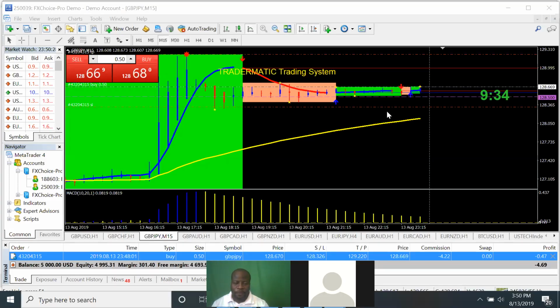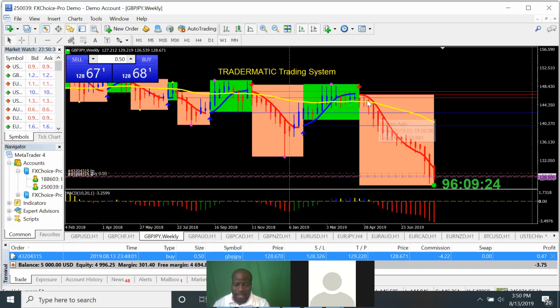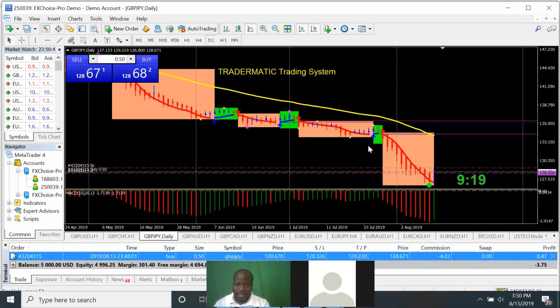Well, you need to understand that one of the things that controls the market, Solomon, is the sentiment. For example, now we just bought. But do you know that somebody trading on the weekly chart will not buy? Because on weekly, it shows down. On daily, it's actually still down. Do you see that?